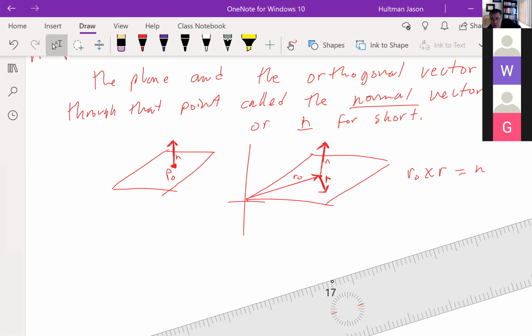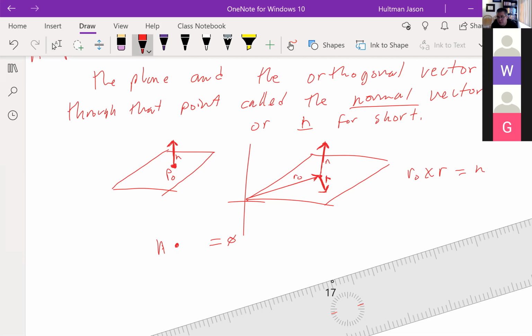It's 0. So we could say that n dotted with any vector on this plane, any vector on this plane whatsoever, is equal to 0.